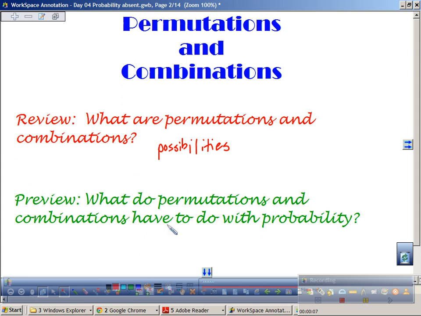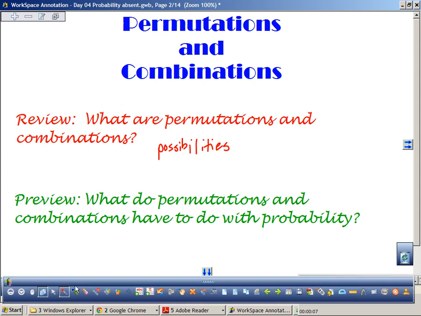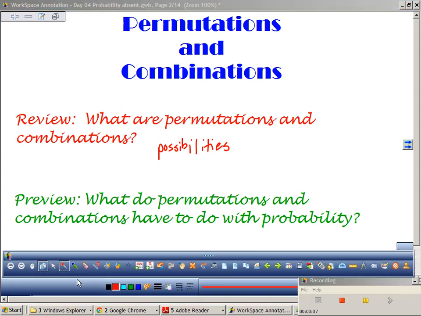Okay, preview. What do permutations and combinations have to do with probability? Well, we can have possibilities, but once we find out how many different possibilities, the probability would be getting one of those possibilities out of everything.